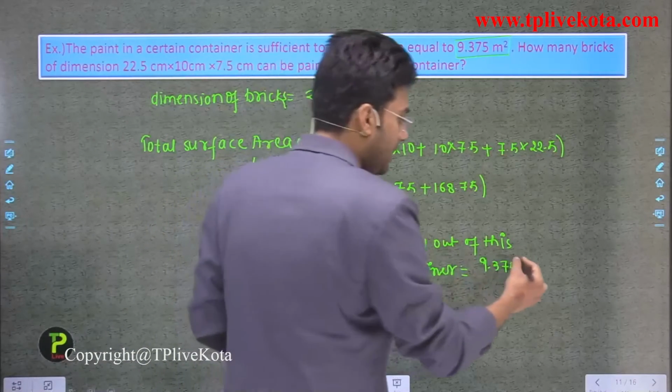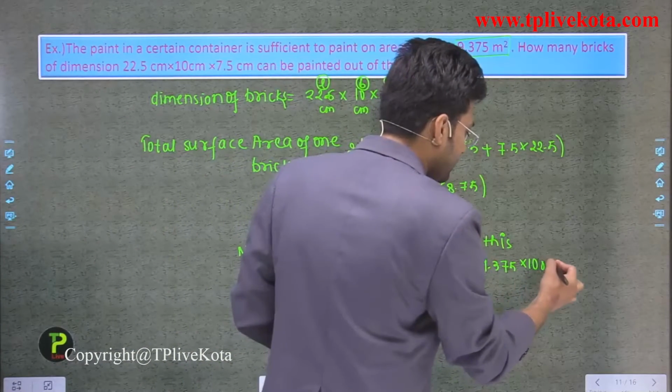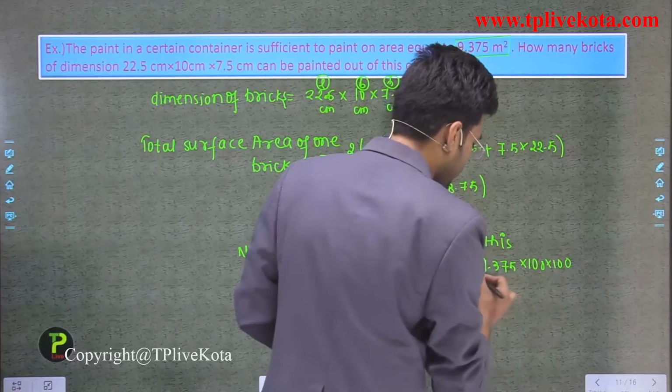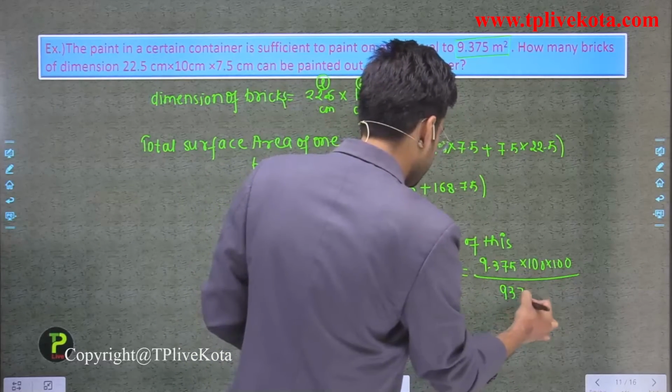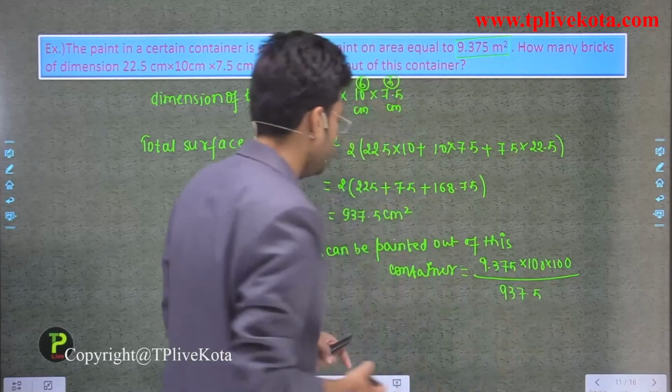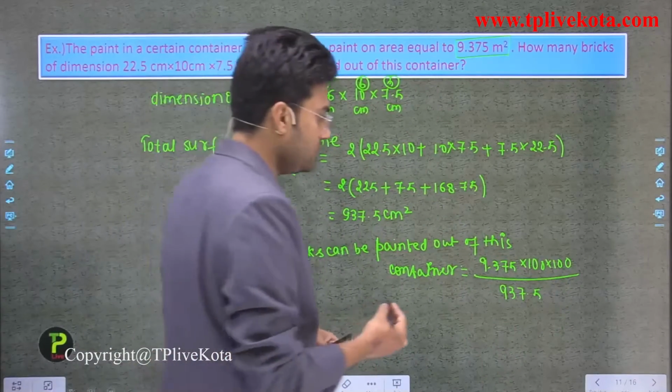So first of all we have to convert it into centimeter square. So it is 100 multiplied by 100 divided by 937.5. Clear?